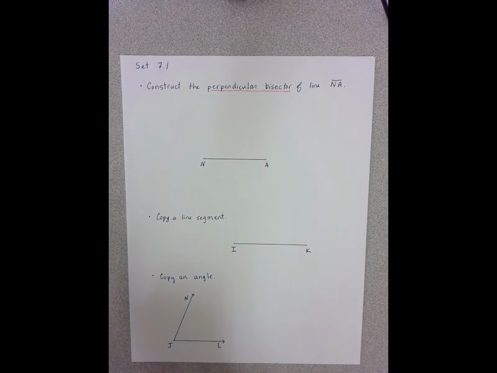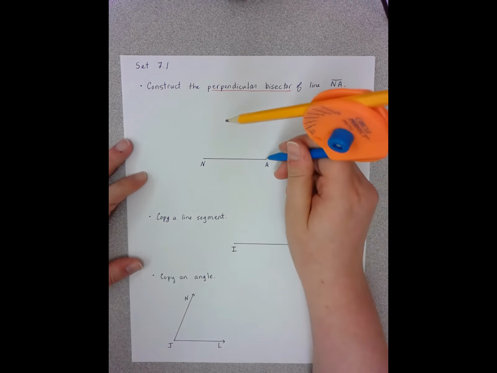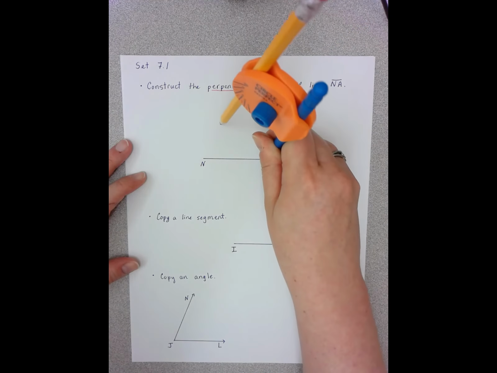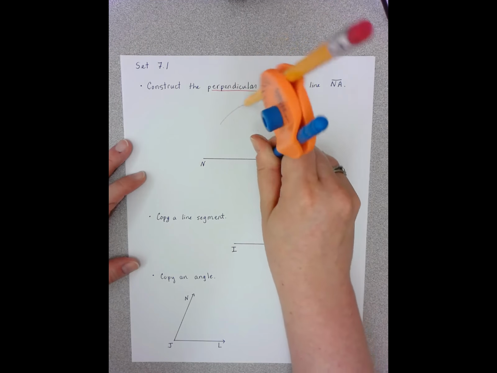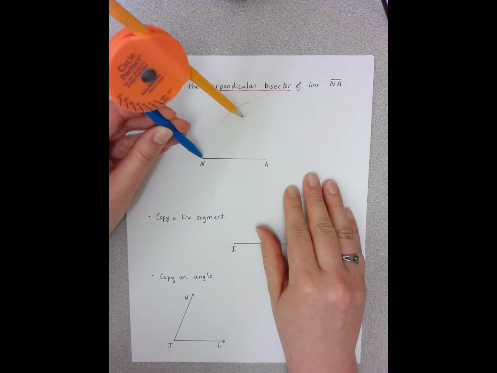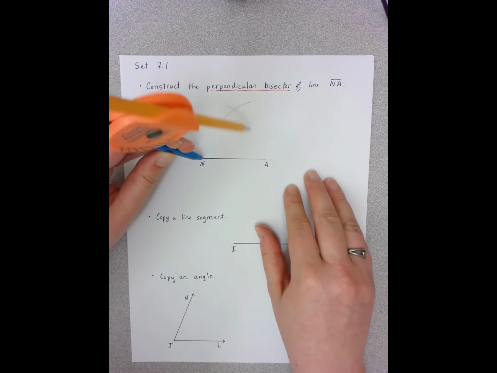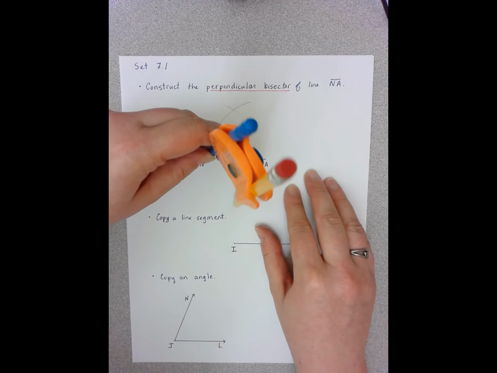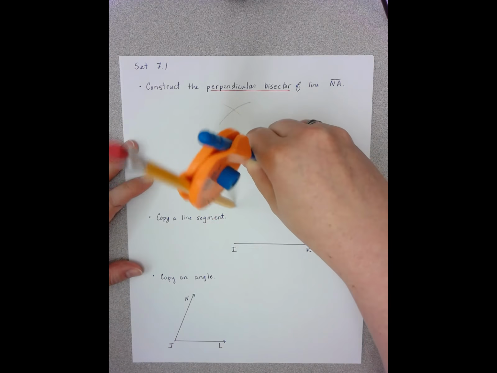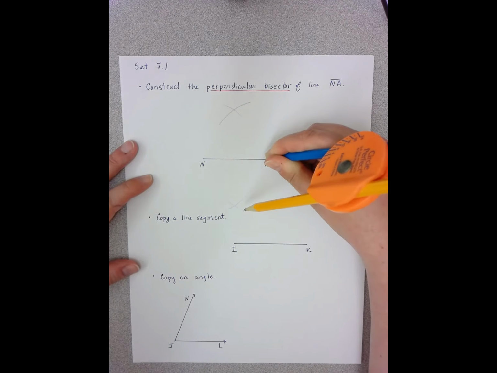So let's construct that rhombus. I have my compass open to a certain length. I know that my length from A to up here needs to be the same from N to up above, and that my length from N below has to be the same as my length from A to below.